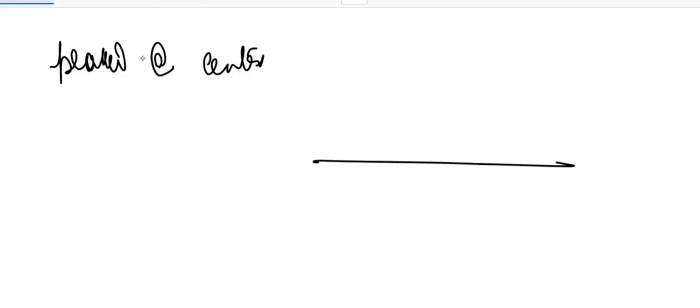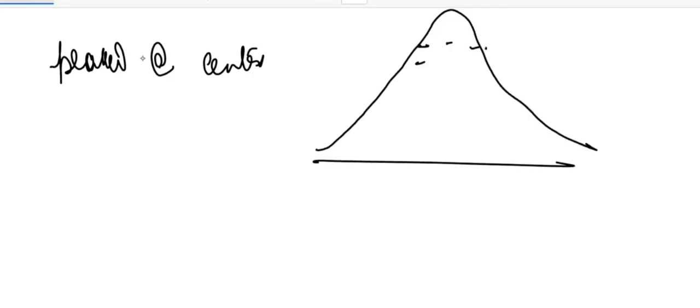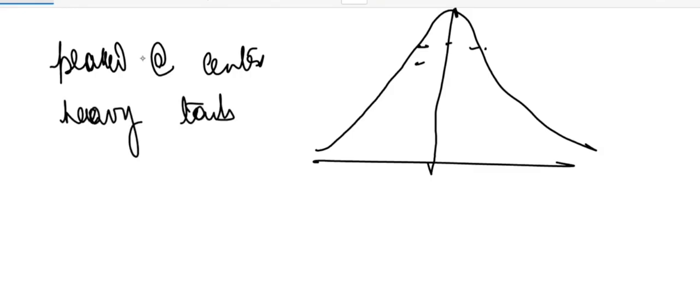If you draw the normal distribution curve, most values are near the average. But it also has a fat and heavy tail, which means more chance of extreme events like big gain or big loss. That is called high kurtosis.